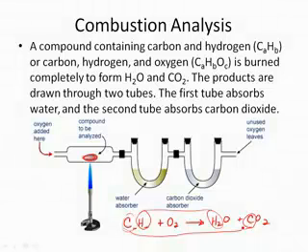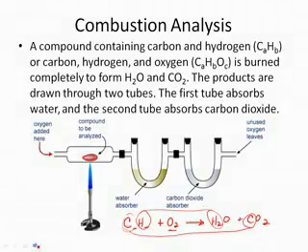Now, if there was oxygen in the original compound, I couldn't do a straightforward calc like that, because in order for this substance to burn, I'm actually adding oxygen to it. And so the oxygen that's in the water and the carbon dioxide can come from the oxygen that I'm feeding into the apparatus, or it could have been part of the initial compound if the initial compound had oxygen in it. So we'll add a little step to figure out the oxygen.